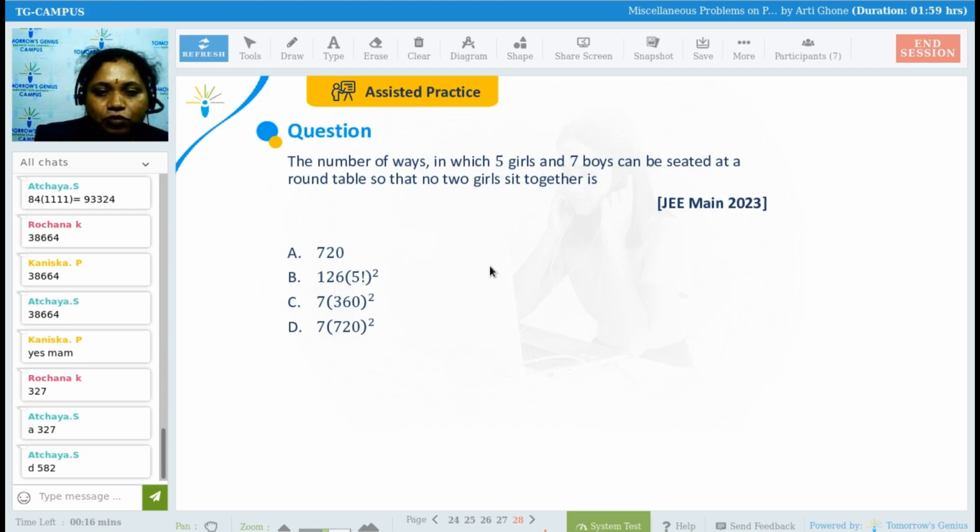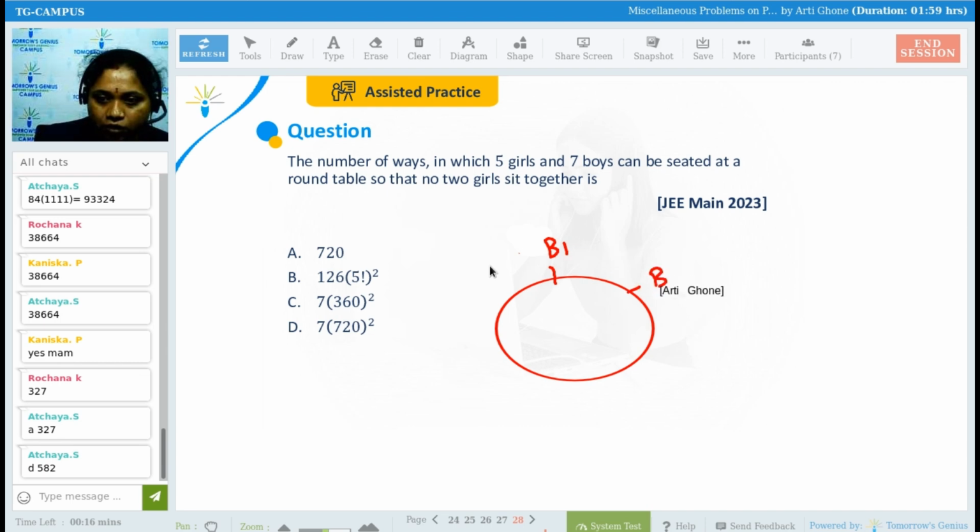First thing, if the boys have no bounds, let's take the boys' arrangement around the circular table. Sorry, this is a circle. Just imagine it. I'll make a proper circle. Now, how many boys we need to arrange? B1, B2, B3, B4, B5, B6, and B7.